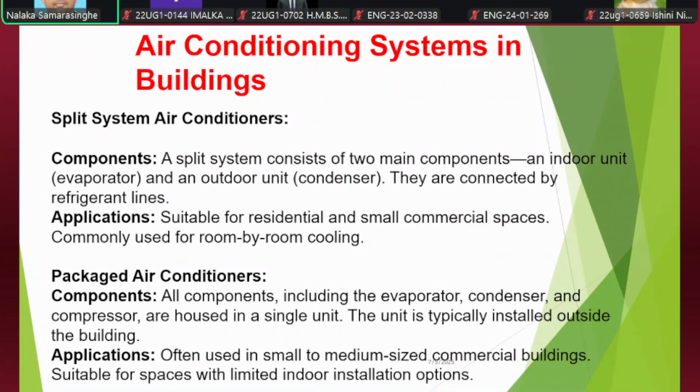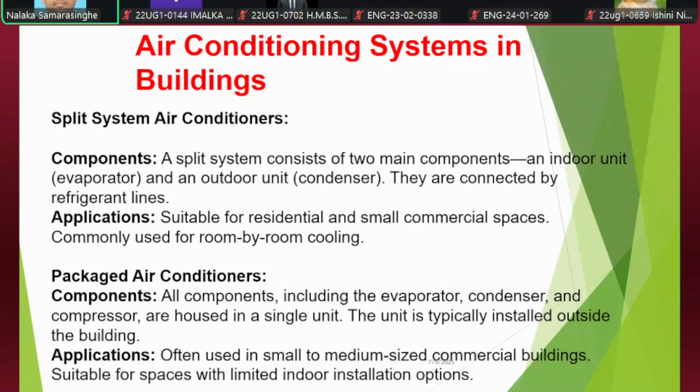And sometimes you have packaged air conditioning units also connected to ducts. Duct means steel ducting that is connected to this packaged air conditioning unit, and there are some diffusers on the ducts, and they supply air into the building. I will show you one image of the same later, then we will get a better understanding.